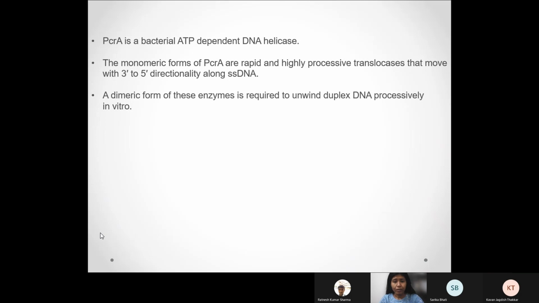All right. But for the moment, apart from T7 helicase, where we were looking at a helicase which has a hexameric structure, now we shift to a helicase which can act as a monomer and possibly also as a dimer, but it's a monomeric helicase. The helicase that I've chosen today is called PcrA, and it's a bacterial helicase, an ATP-dependent DNA helicase.